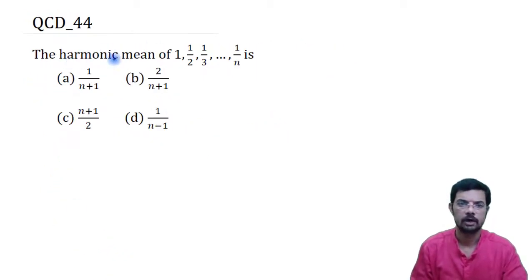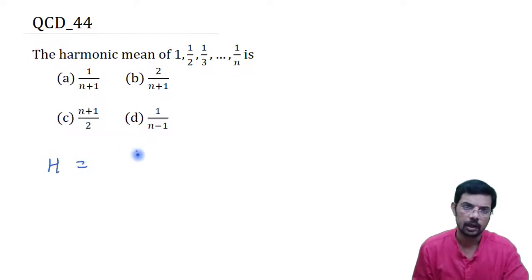The harmonic mean of 1, 1 by 2, 1 by 3 up to 1 by n is given by which of the following? The harmonic mean of n observations is given as n divided by the sum of the reciprocals of the observations.